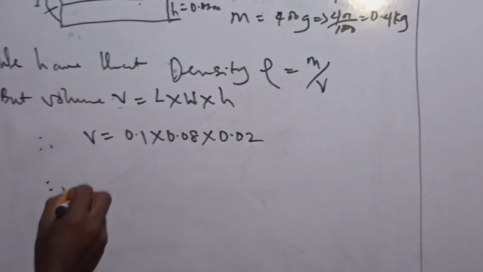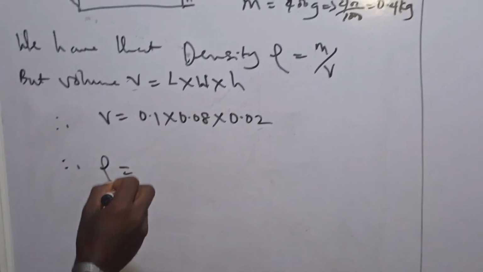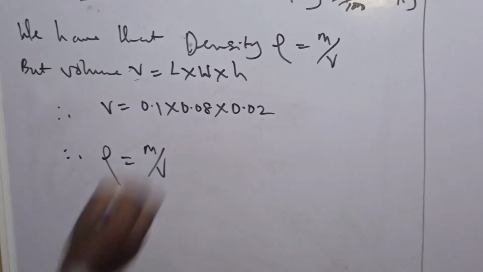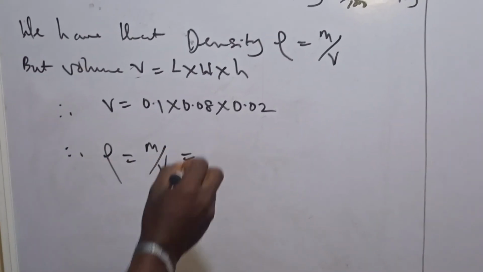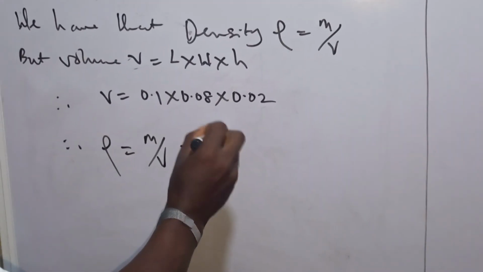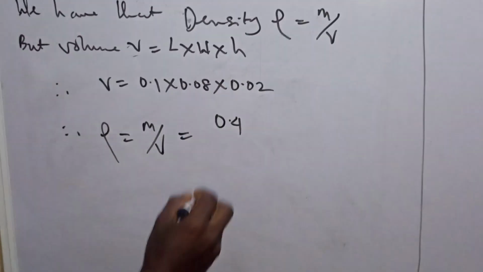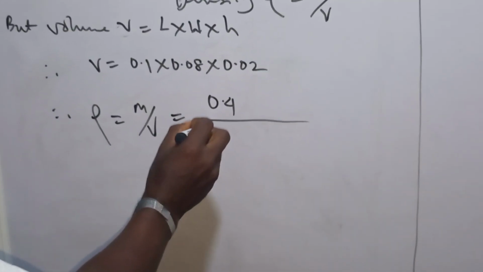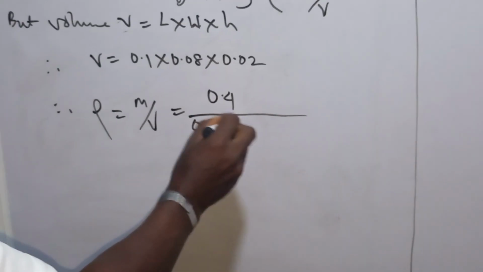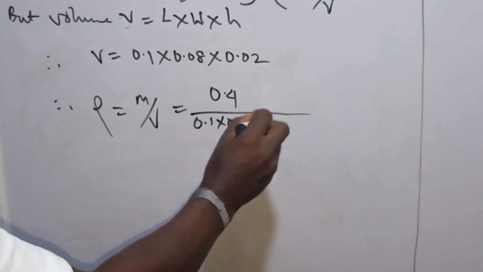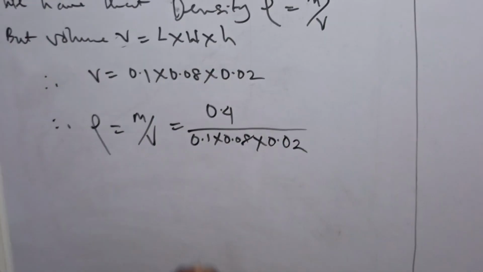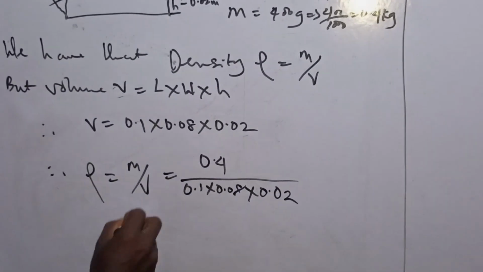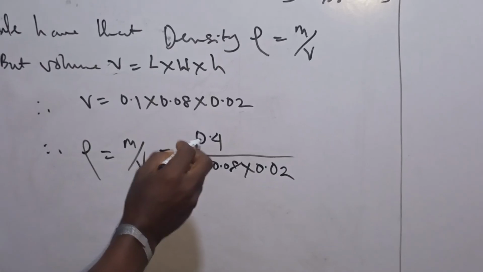Therefore, we have that density will be equal to the mass over volume, which is equal to the mass here, 0.4 as given, over the product of the volume, 0.1 times 0.08 times 0.02.